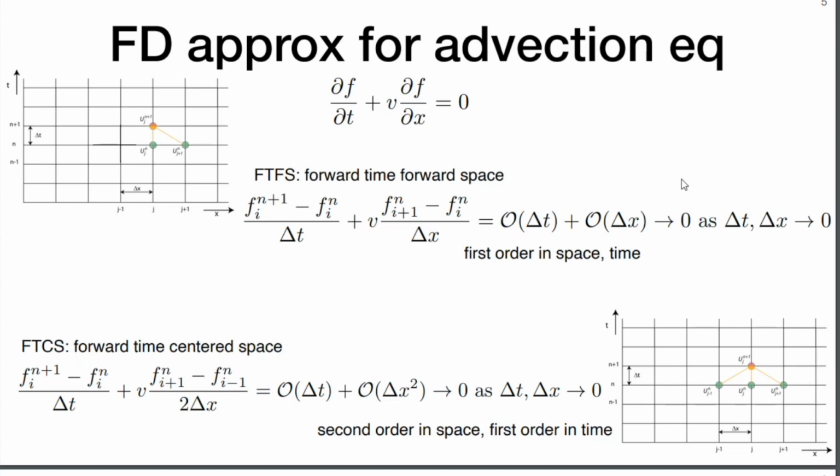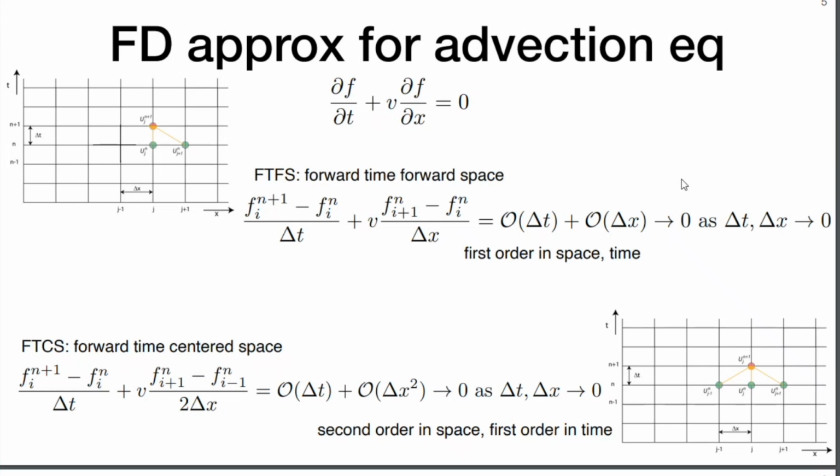So in fact, if you go deeper into the theory and proofs in numerical analysis, the scheme has to be consistent and stable. If you have a numerical scheme which is consistent, that is, the finite difference approximation goes to the differential equation that you want to solve, and the scheme is stable, then you'll get converged answers.